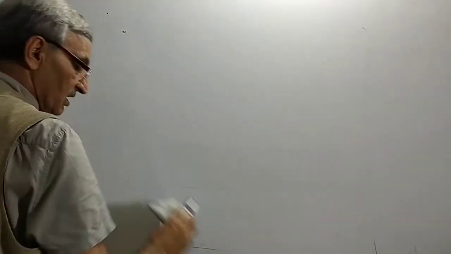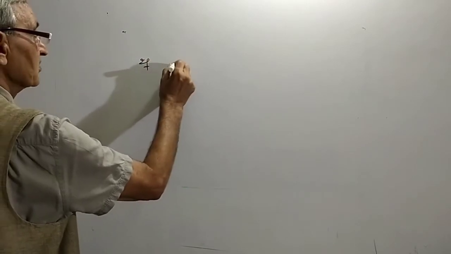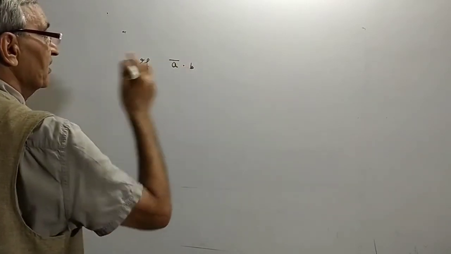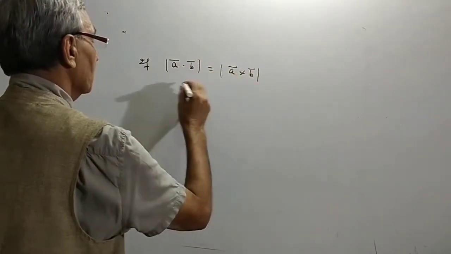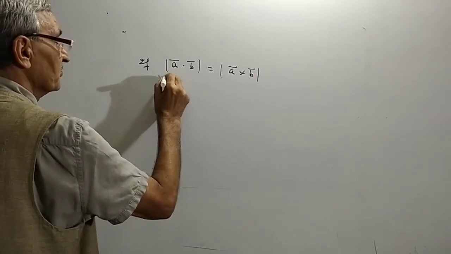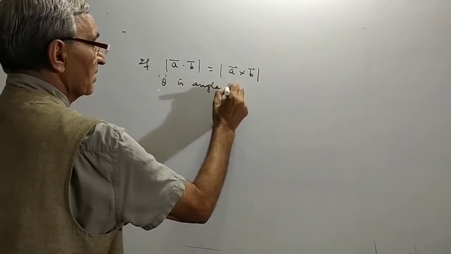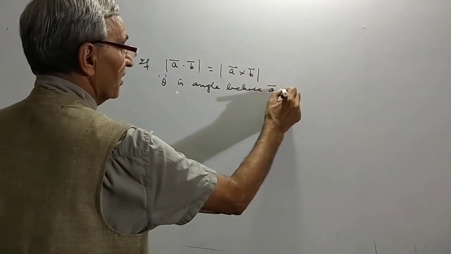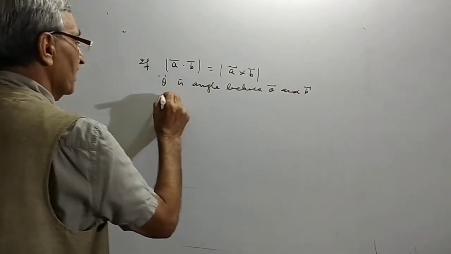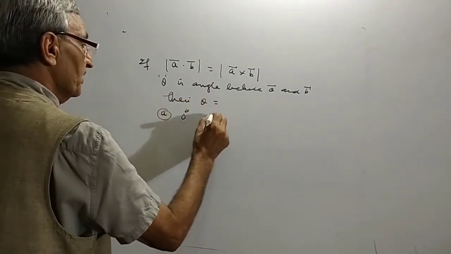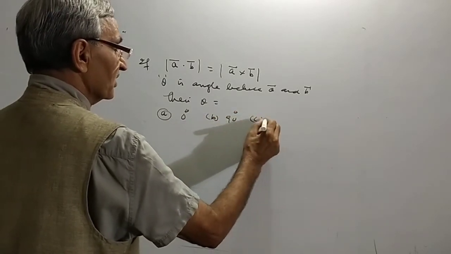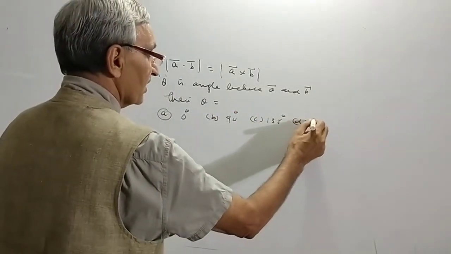Suppose it says that the magnitude of A dot B is equal to the magnitude of A cross B, and theta is the angle between A and B. Then what is the angle theta? Options: A is 0 degrees, B is 90 degrees, C is 135 degrees, D is 180 degrees.